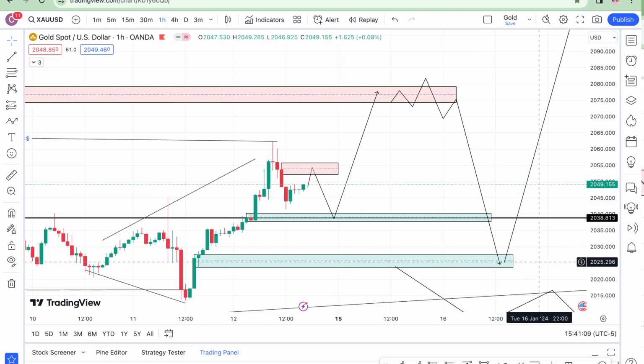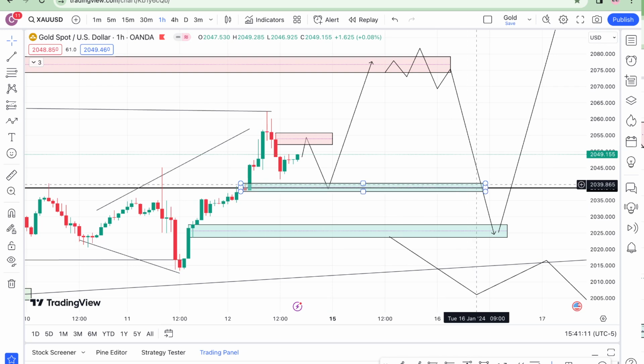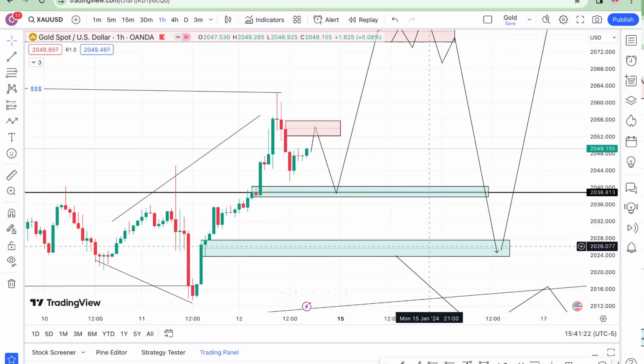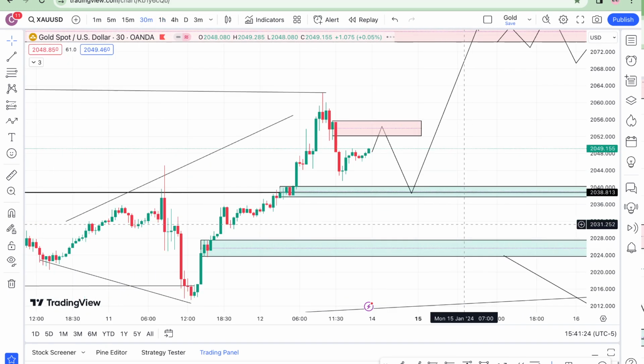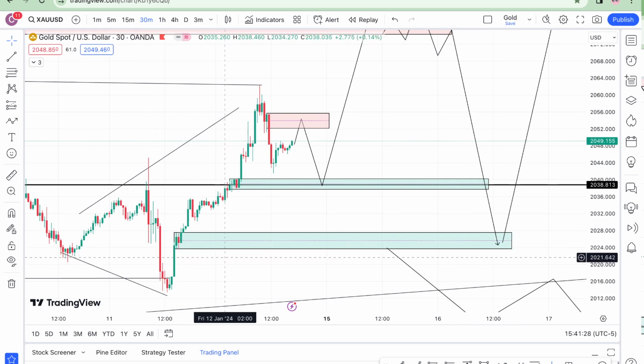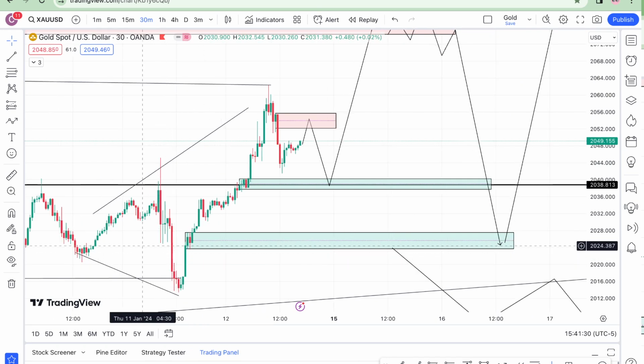Why I'm saying 2030 is because once this support, this order block, is tested, it is very low probability that it will sustain a second time. So it will breach past this to this fresh order block or demand zone on the 30-minute time frame, where we have our QML structure test.